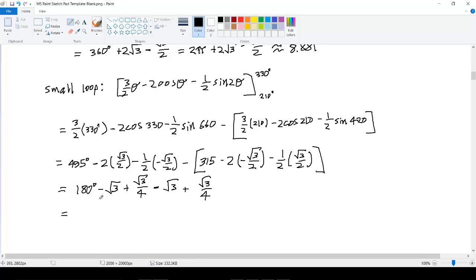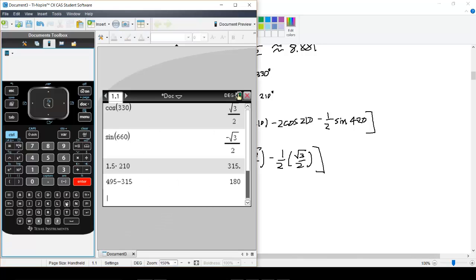Now when we work this out, I'll convert this to radians right now. That's just pi radians. A minus 2 root 3 plus root 3 over 2. And you can approximate this. So it will be pi minus square root 3, I think.